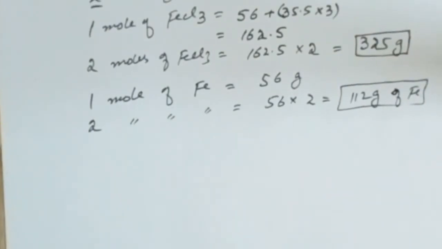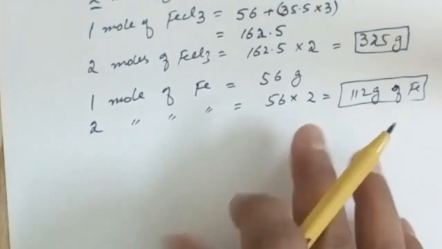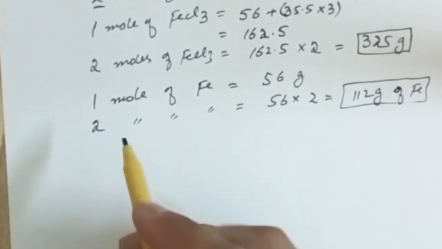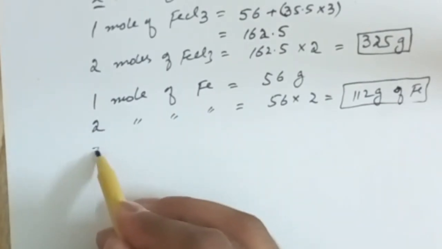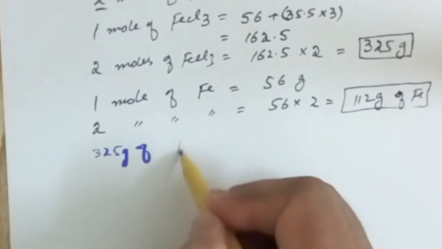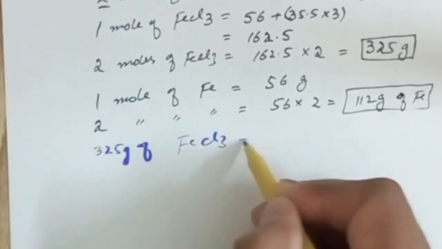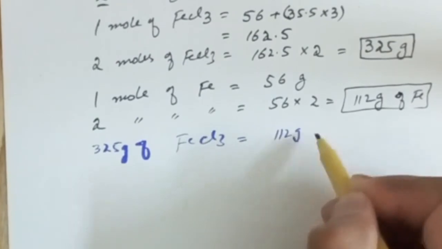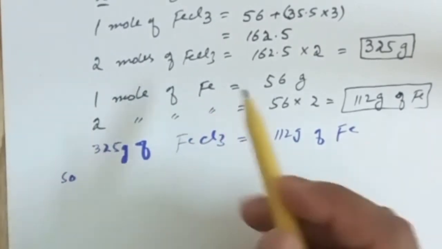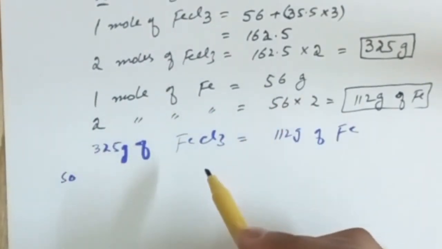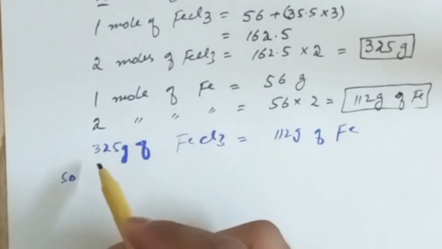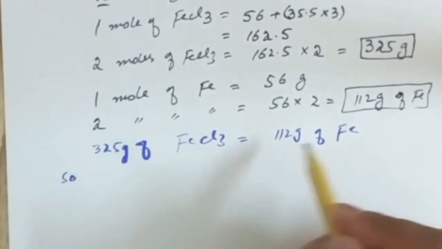Now if we compare the values in mass in grams, not in moles, then 325 grams of FeCl3 from the balanced chemical equation is equal to 112 grams of Fe. It means that 325 grams of iron chloride produces 112 grams of iron.